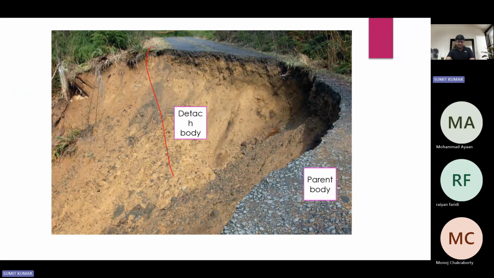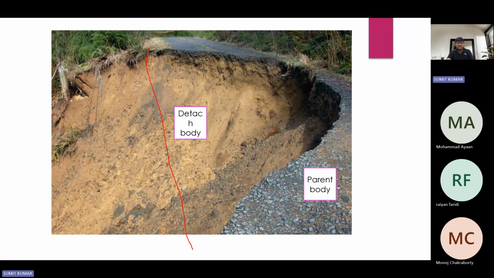From this section to this section, the road is constructed, but the failure takes place from over here. Now, one question could arise in anyone's mind: why does the failure take place at this cross section only? It could be possible that the failure takes place before these sections or maybe after those sections.